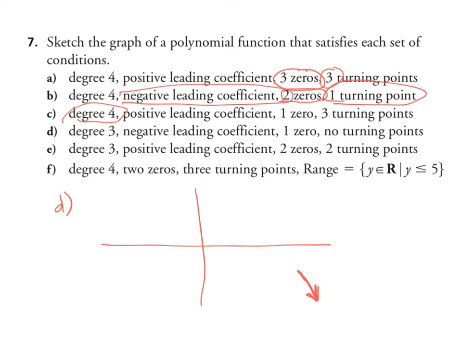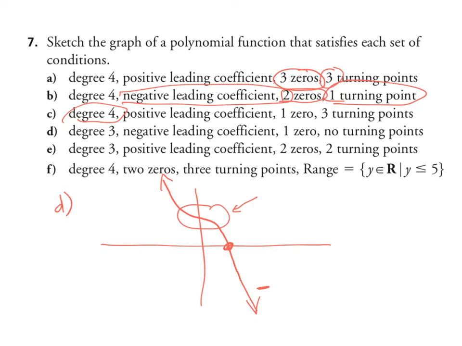I'm going to make that look a little nicer here. All right, so let's go up, down, up. Okay, I did a fake down, up here. Let's double check: no turning points, because even though it slowed down, I never actually went down. 1 zero, that's good. Negative leading coefficient, that's there. Degree 3, it's all good.